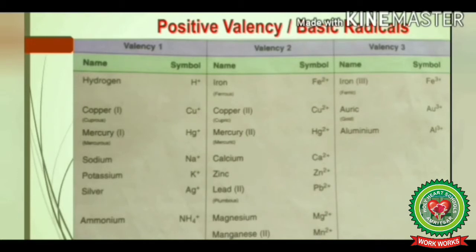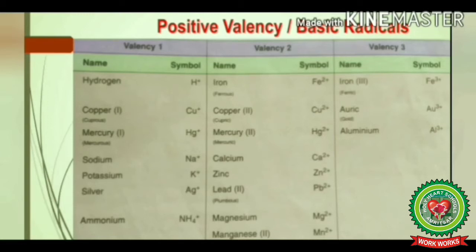NH4+1. Now, +2 valency: iron Fe2+, copper Cu2+, mercury Hg2+, calcium Ca2+, zinc Zn2+, lead Pb2+, magnesium Mg2+, and manganese Mn2+.